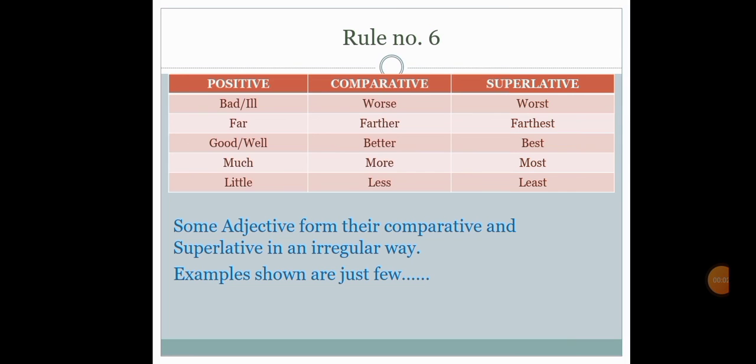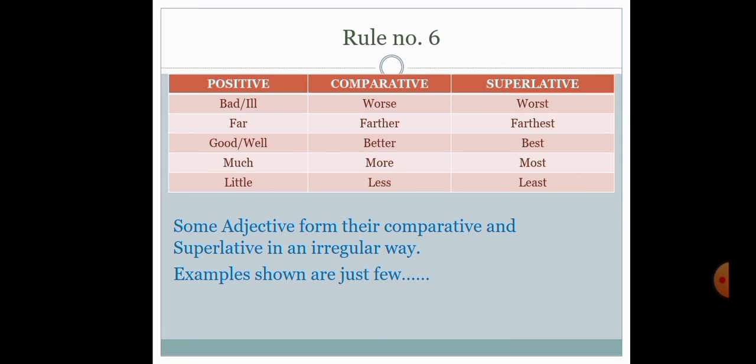The last thing is about the irregular way of converting an adjective into comparative and superlative. As you can see on the screen, bad and ill is the positive form, which is totally different when we convert it into comparative, which is worse, and superlative, worst.